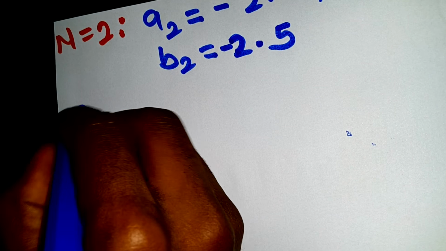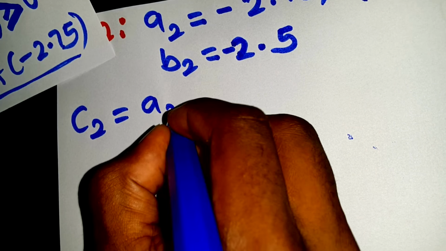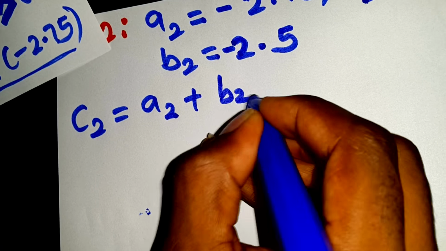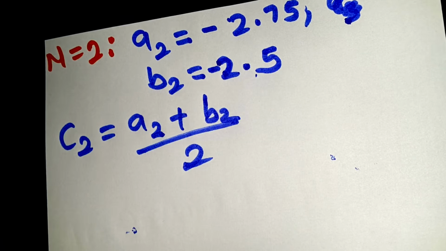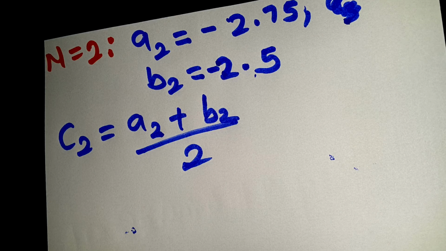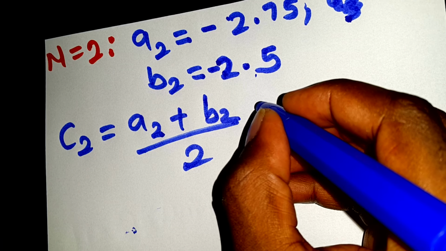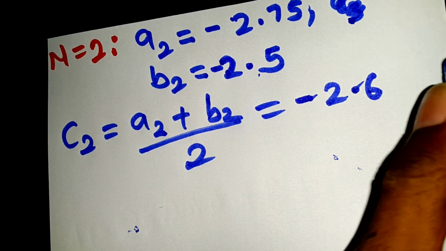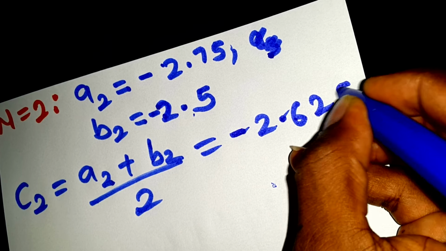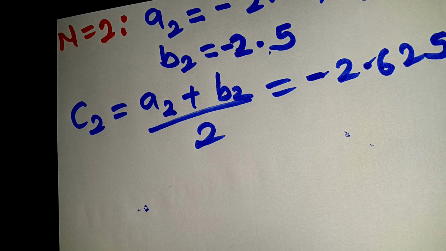To find C2, you use the same formula that I used. It will be A2 plus B2 divided by 2. So if you put these two values into our equation, we find out that our answer will be minus 2.625. Yeah, so you just have to continue like that.